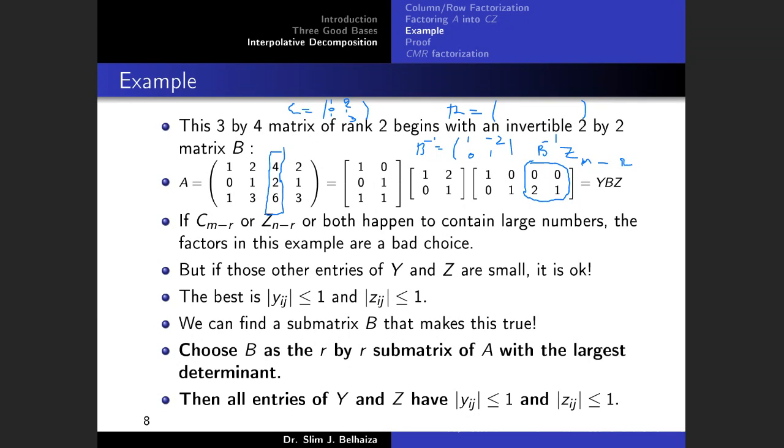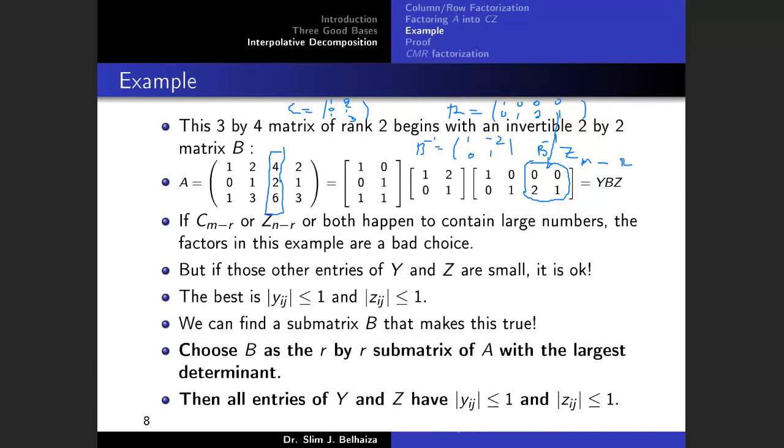So basically, I will place here 1, 0, after 0, 1, as it appears here. Of course, you have 0, 2, because it's twice the second row, and you have 0, 1. You see exactly, you already have this, which is red. If you want to check more, multiply it by B minus 1. You'll keep exactly the same thing.